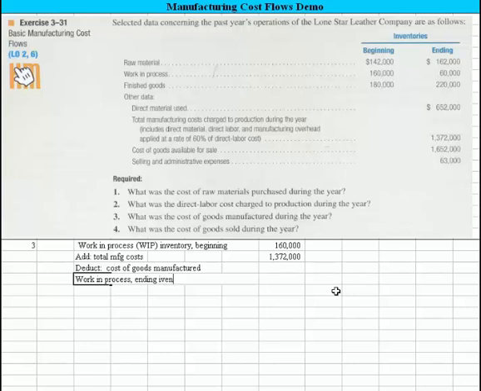I'm going to solve this one sort of like we did on Part A. And we know the work in process ending inventory is 60,000, right?